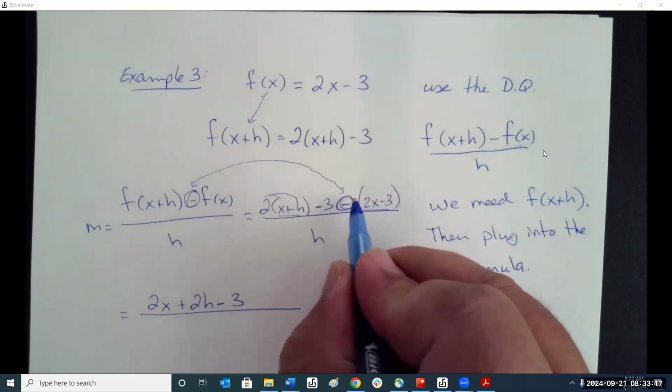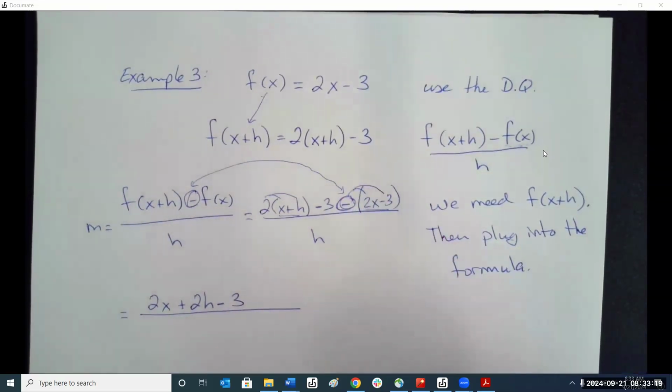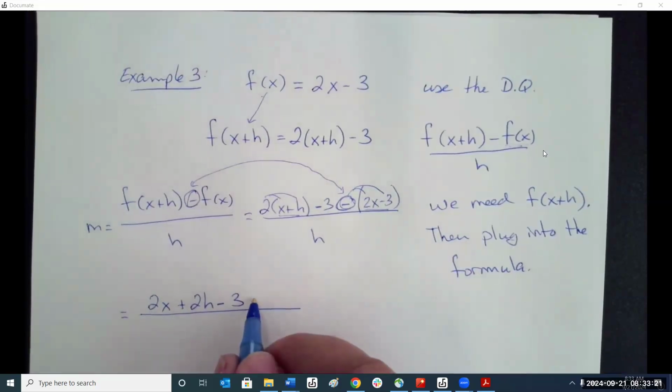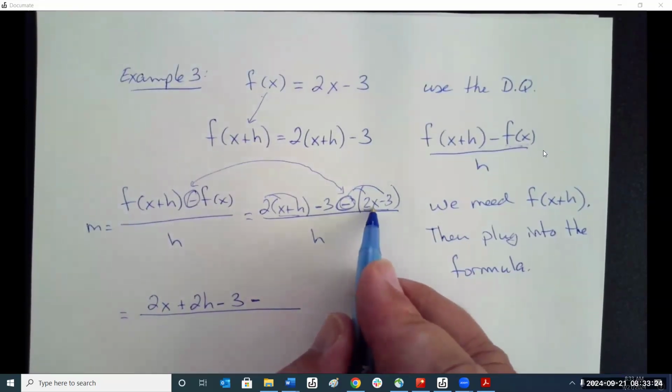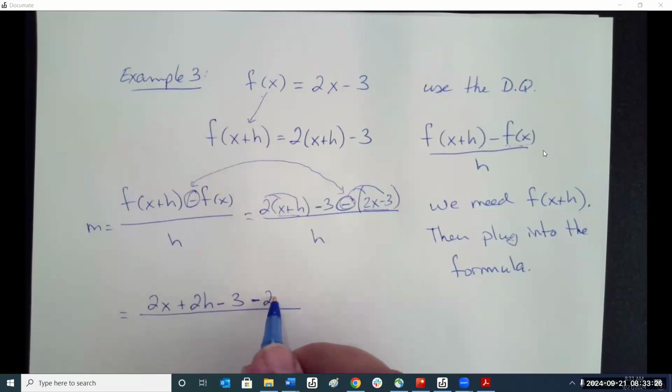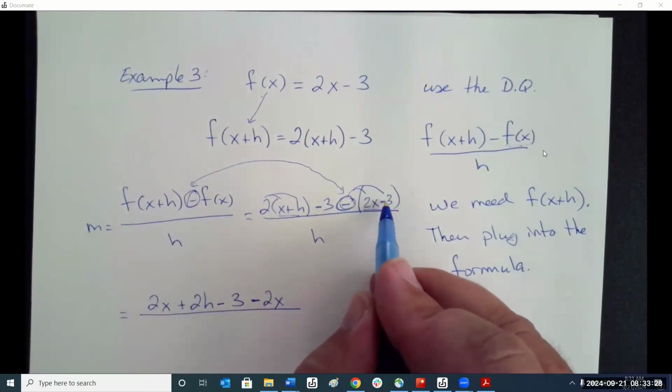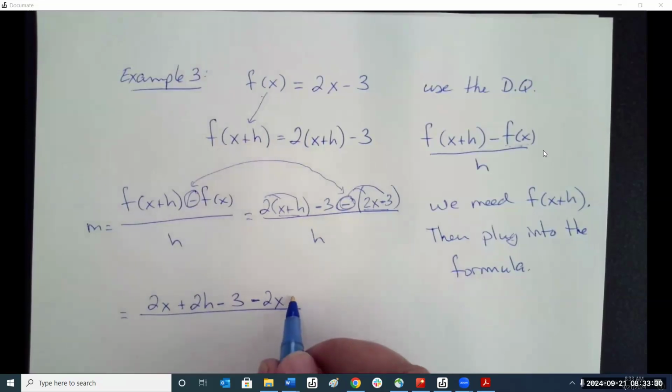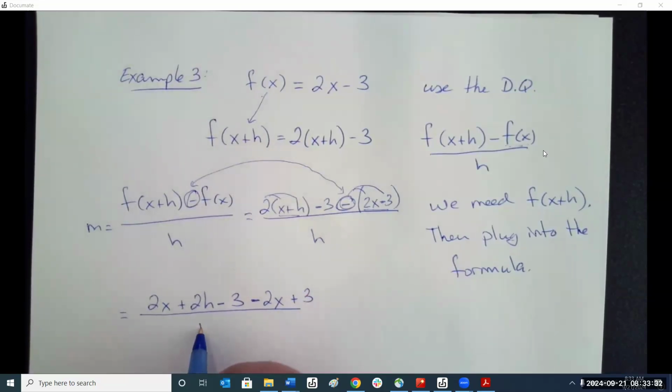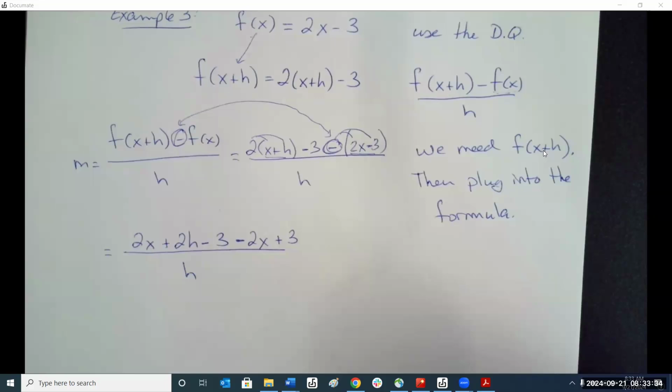Now, this minus will change the signs of everybody inside there. So that's a positive 2x, it now becomes a minus 2x. That's a negative 3, it now becomes a positive 3. And here's a general rule.